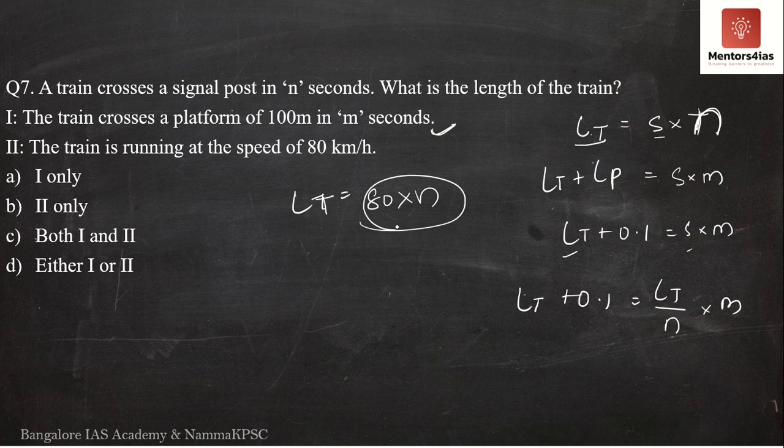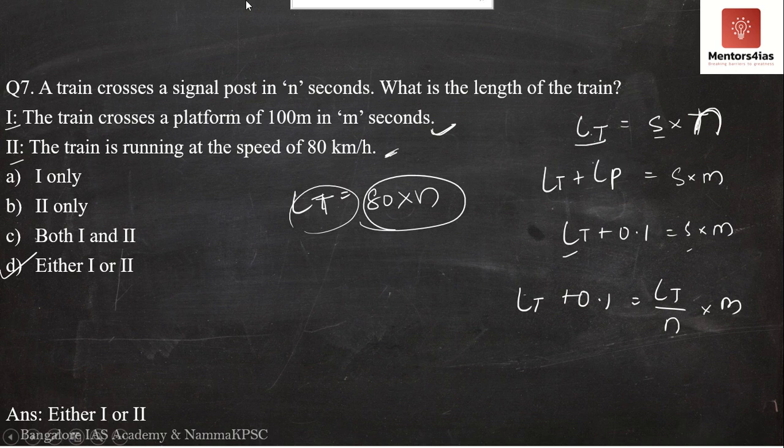Is it possible for me to determine the length of the train? Of course, it is possible for me to determine length of the train from the second statement as well. Therefore, it is possible for us to determine the length of the train from the first statement or the second statement. Therefore, it is either 1 or 2. Therefore, it is option D, which is the correct answer. Therefore, the correct answer is either 1 or 2.